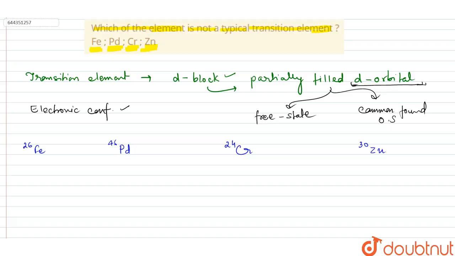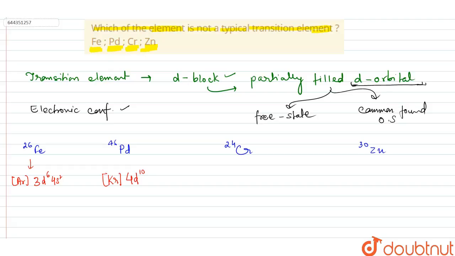So if we see the electronic configuration of all these elements, for iron we have argon, 3d6, 4s2. For palladium, krypton, 4d10.